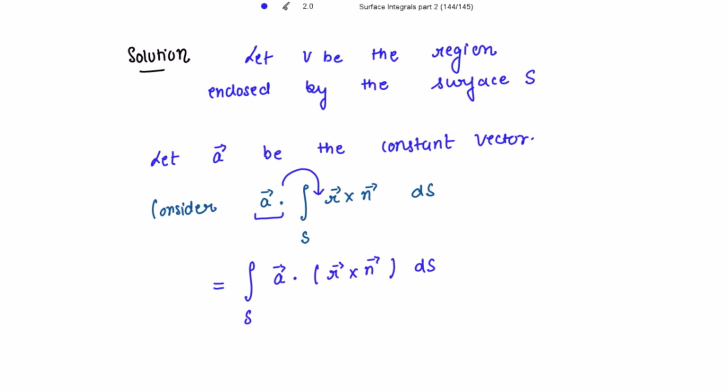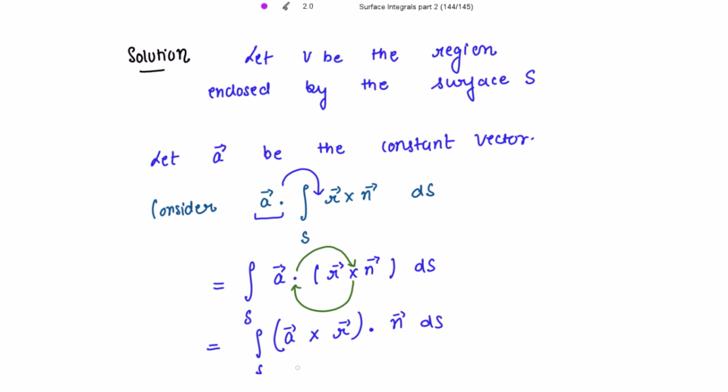And then, as a result, shift this dot to this cross and shift this cross to this dot. So we get the surface integral of A vector cross product with r vector, and in place of cross we are writing dot n vector ds, and taking this in bracket.